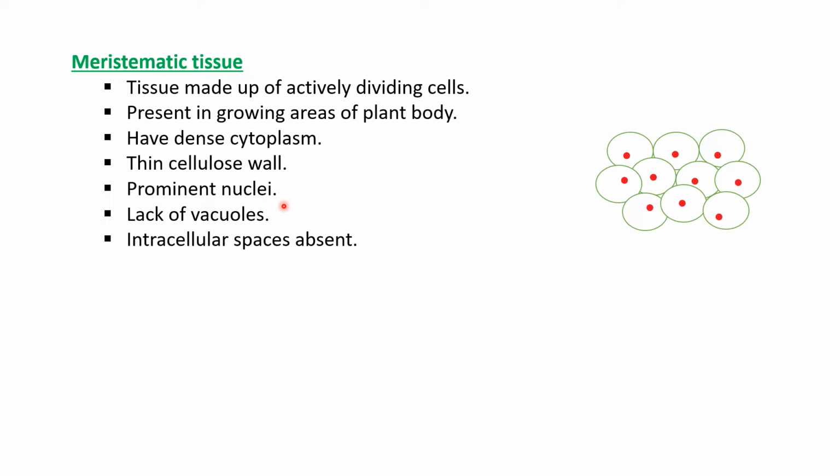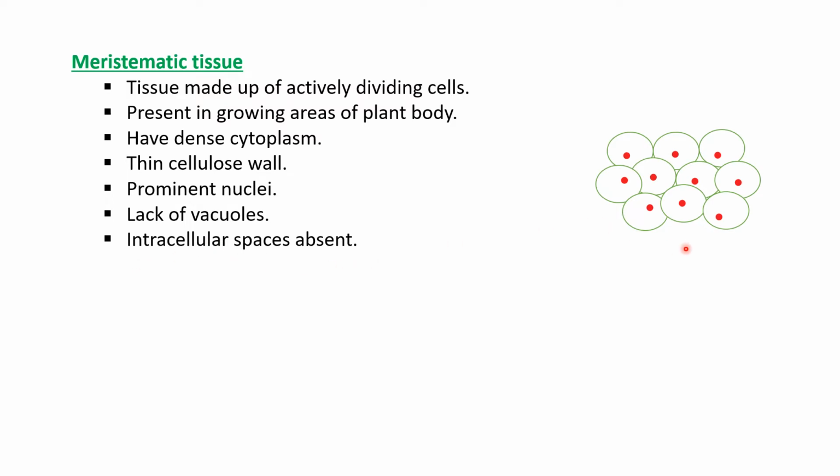So in meristematic tissue, these cells are actively dividing, so the nuclei are also prominent. Lack of vacuoles. We already knew that vacuoles are mainly the storage part of a cell. So, as the meristematic tissue is always dividing, vacuoles are not much needed. So here, lack of vacuoles.